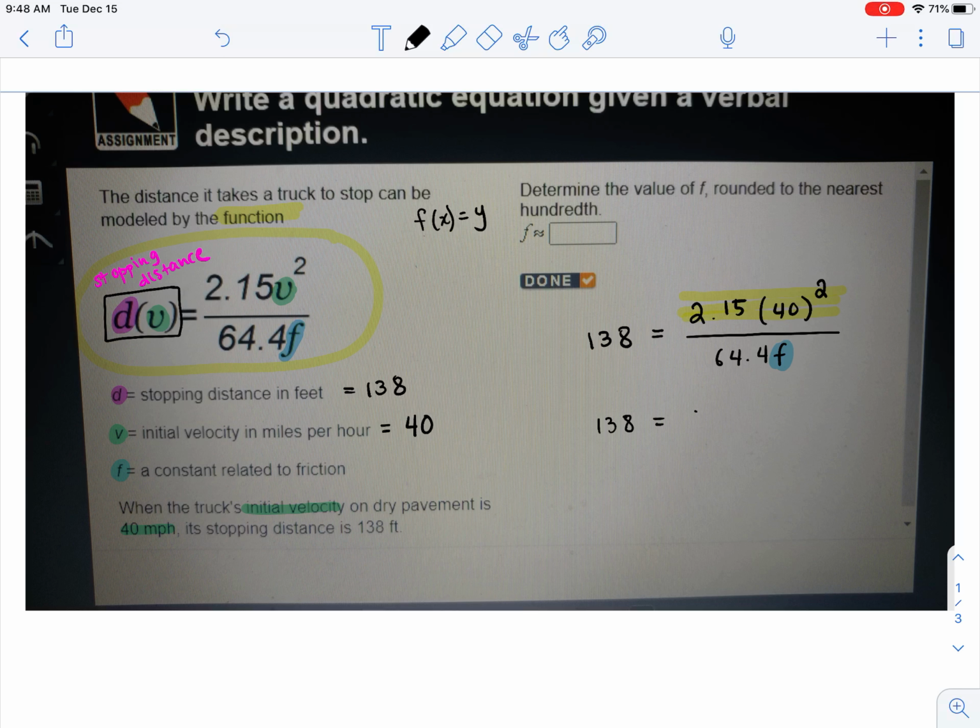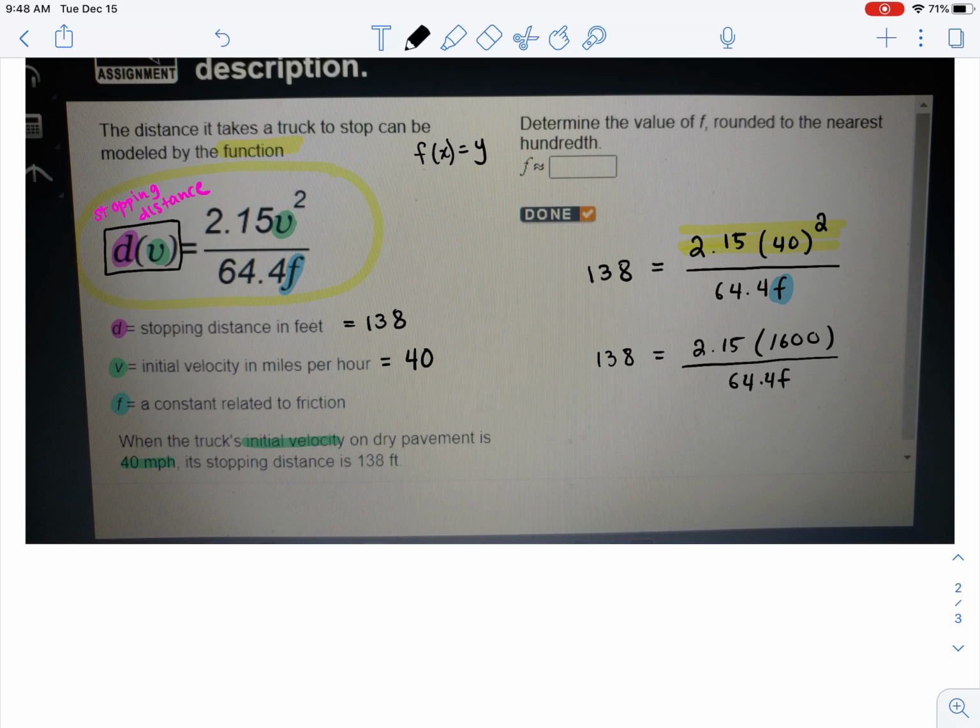So if we do 40 squared is 2.15 times 1,600 all over 64.4 f. Then if we do 2.15 times 1,600, we have 3,440 all over 64.4 f.